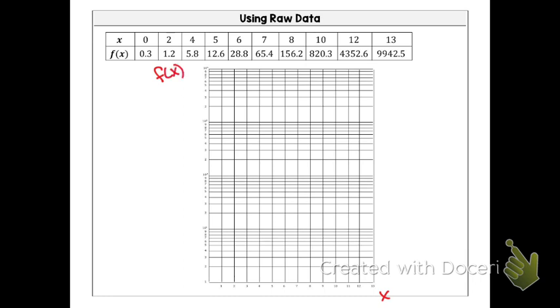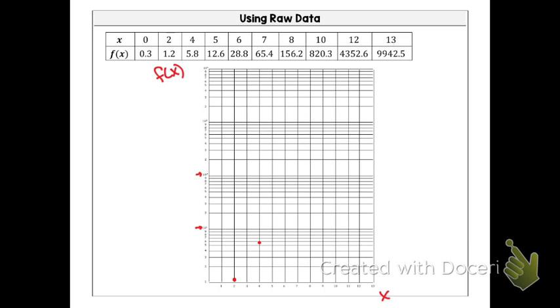All right, 2 and 1.2, yeah, I can graph that one. Then we have 4, 5.8. 5, 12.6. Now what's your scale? Because remember, this is 10, and then up here is 10 squared, which is 100. So these are all by 10s right here. So watch out for that.